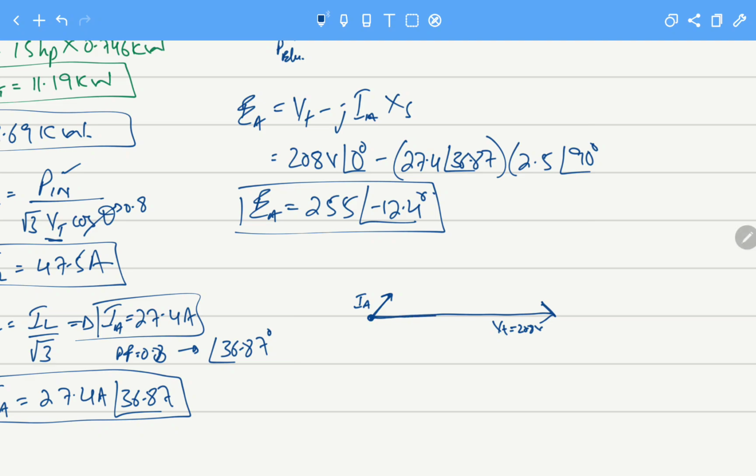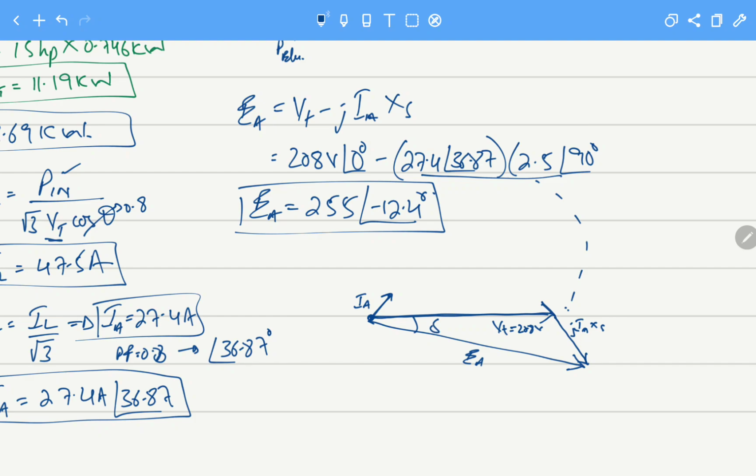Applying the KVL, VT minus the current, shifted by j IA XS, and this will be our value of EA.